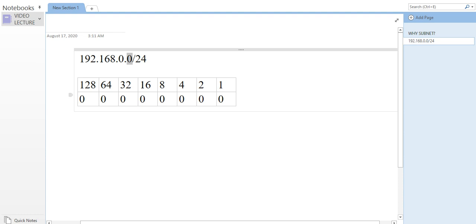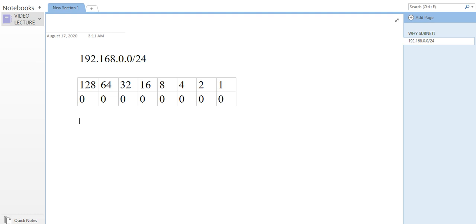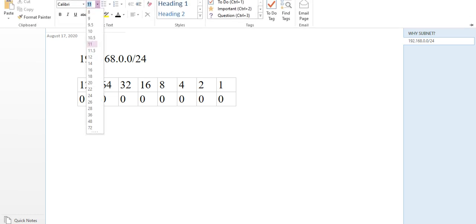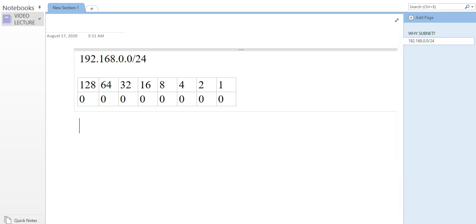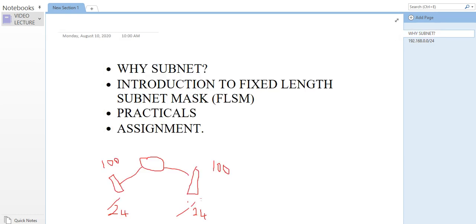Now watch here. In order for me to get this number of subnets, we want to have two subnetworks out from here. That is what we're looking for, two subnetworks right from here, and then we have to do the subnetting quickly. So let me just change this to something bigger, maybe 28.